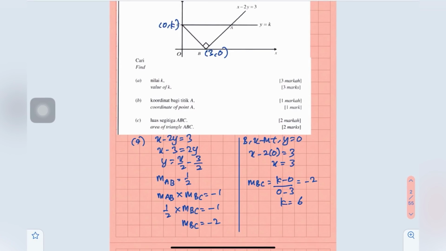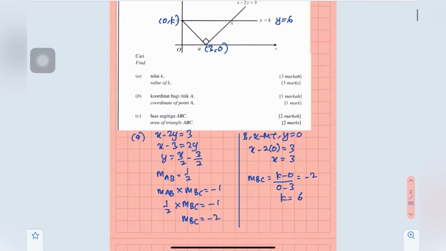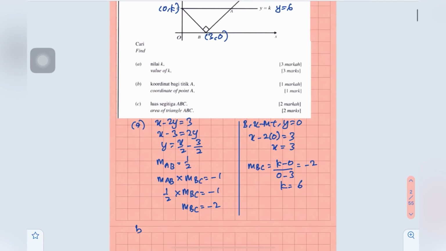B, coordinate of point A. Okay, point A is intersection of straight line y equals k. K just now tadi 6 kan. Okay, and straight line x minus 2y equals 3. Okay, so kita just masukkan je lah, substitute y equals 6 into equation x minus 2y equals 3.